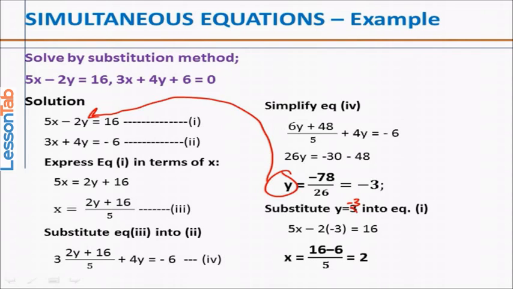When we substitute y equal to minus 3 into equation 1, then we begin to see how the value of x will emerge. It will be 5x minus 2 times minus 3. Where does the minus 3 come from? Minus 3 comes from the fact that y has now been found to be equal to minus 3. Therefore, x will be equal to 2.